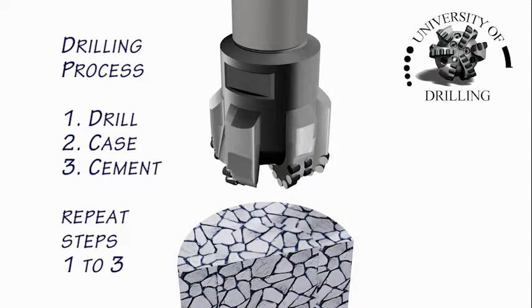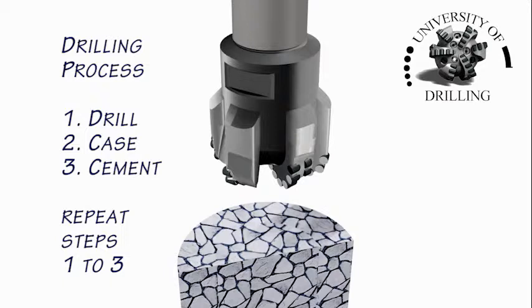In the art of drilling, there are three basic steps, comprising: 1. Drilling or boring a hole in the rock. 2. Casing or placing a steel pipe in the drilled hole. And 3. Cementing the casing in the hole.